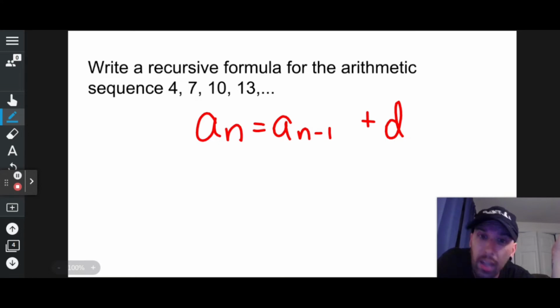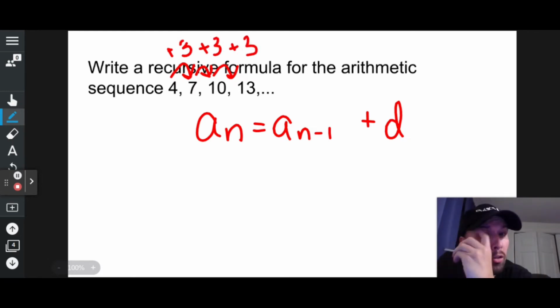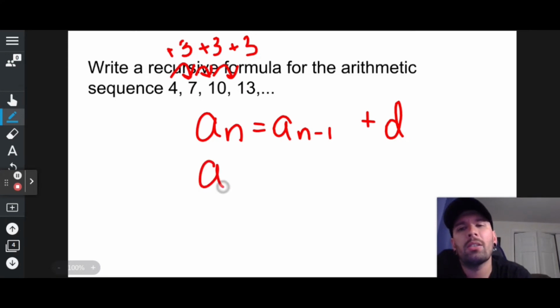And the only thing that I know is what the common difference is. So what do I do to get from 4 to 7, from 7 to 10, from 10 to 13? I add 3, add 3, add 3. So A sub n equals A sub n minus 1 plus 3.